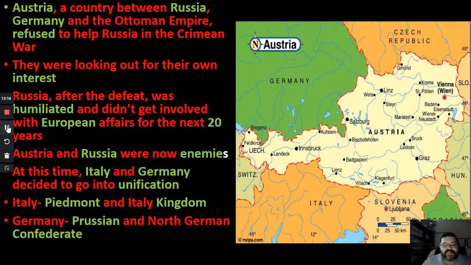And Russia basically told them, hey, look at, let us go through your territory because we want to attack the Ottoman Empire, but we want to attack them from behind where they're not expecting that. Okay? So let us go through your territory. We'll come around behind them and we'll attack them, and that will help us win this war.